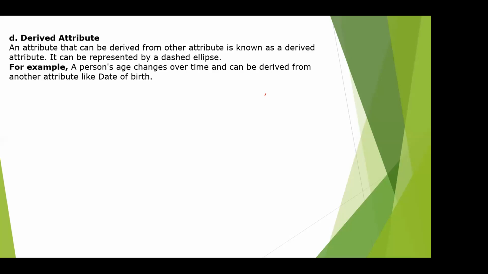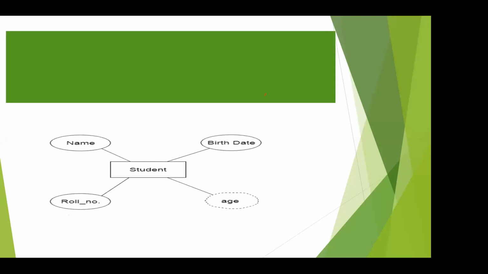Understand? Example: how can we determine a person's age? We can determine the person's age based on the date of birth. We represent a derived attribute with a dashed ellipse, or dashed oval.